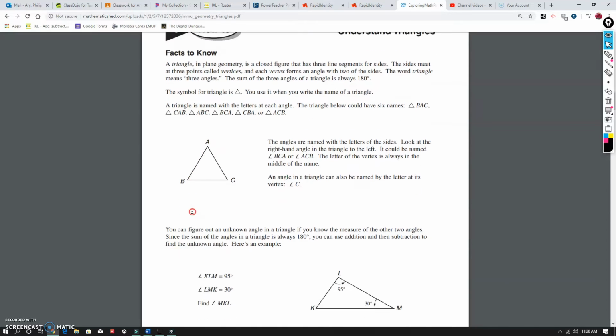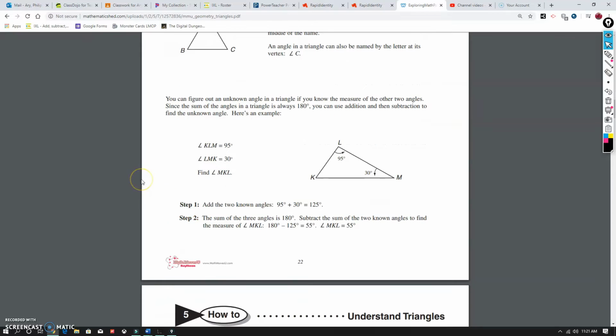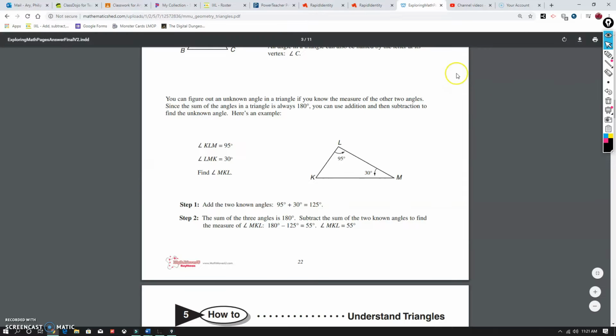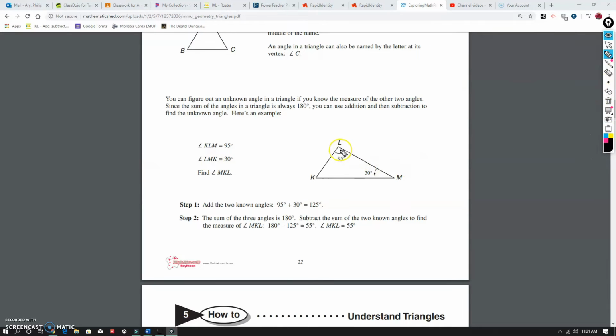Let me move on down. What I wanted to talk about today was the measurement inside of the angles, the overall measurements. You've got your 3 angles here, and they give you the angles for 2.